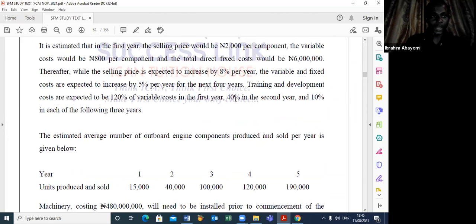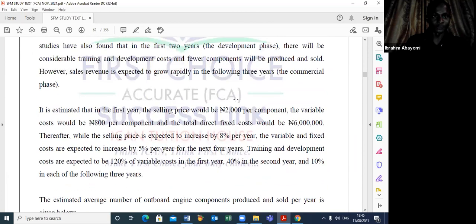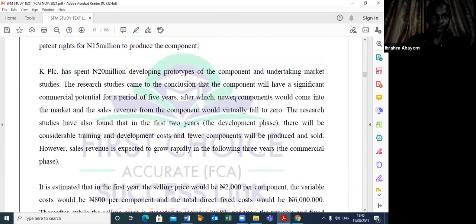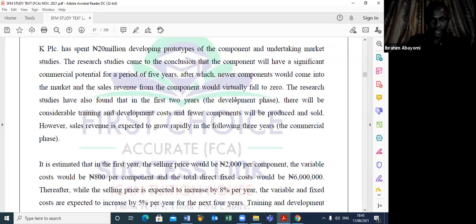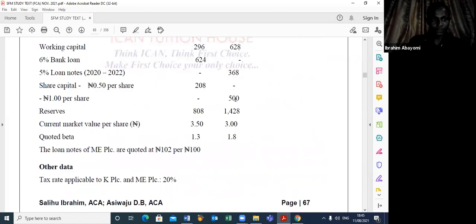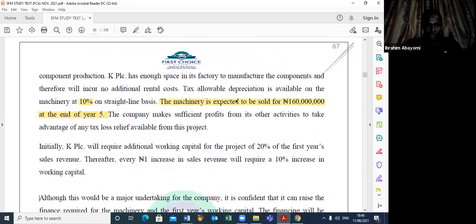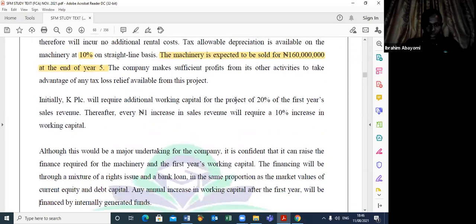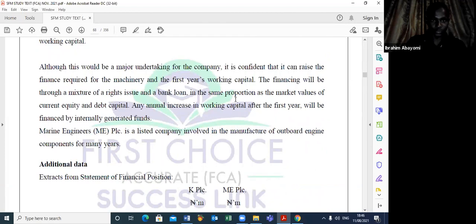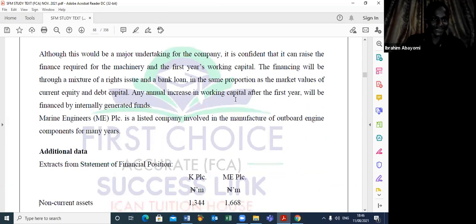Coming? I'm trying to look for that information. Okay. Can you identify that portion, please, in your note? The company makes for sufficient profit from other activities.